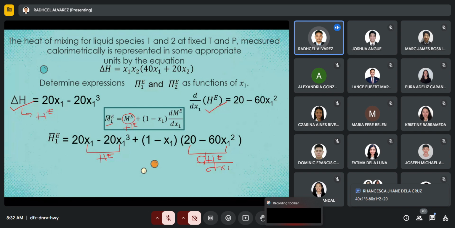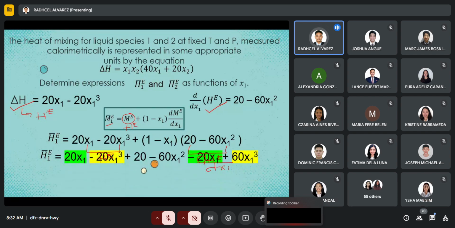Okay, so meron akong nakitang 40x1 cube minus 60x1 squared plus 20. Very good. So that is our final answer. So meron tayo ditong 40x1 cube minus 60x1 squared plus 20. So kung makikita nyo, kapag sinimplify natin ito ang kinalabasan. Tapos yung magkakakulay dyan, ibig sabihin, yun yung ating like terms.